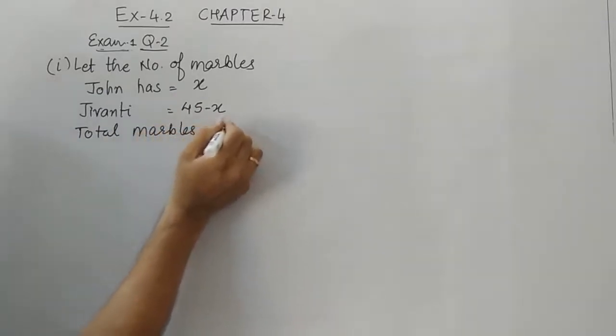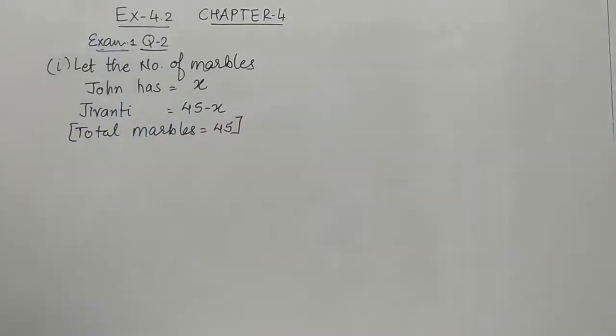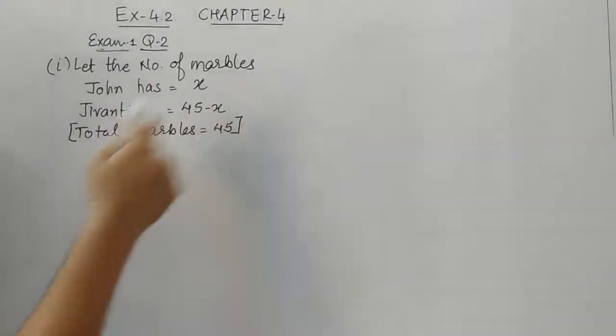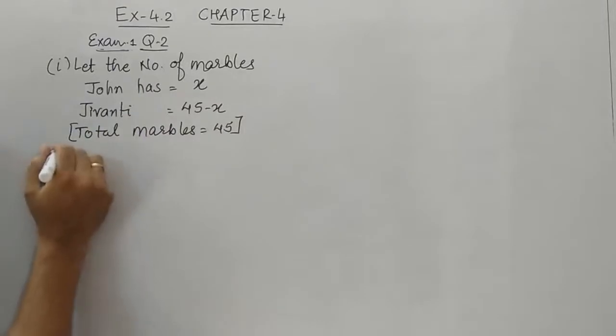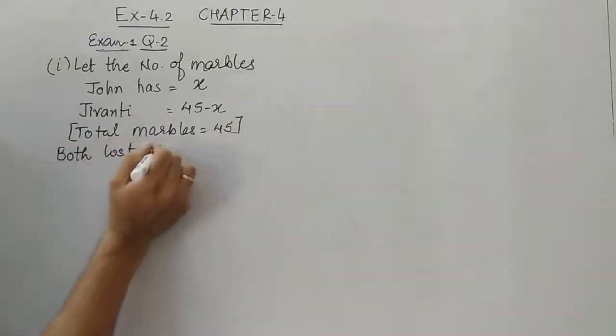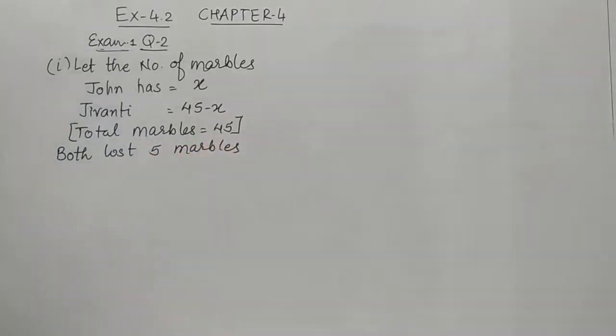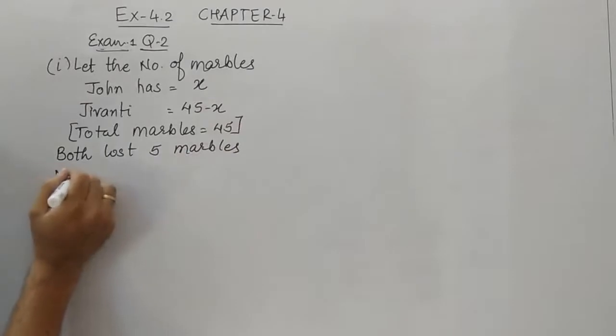Now to form the equation, at the beginning it says that both of them lost 5 marbles. As they lost 5 marbles, let's find out the number of marbles they have.